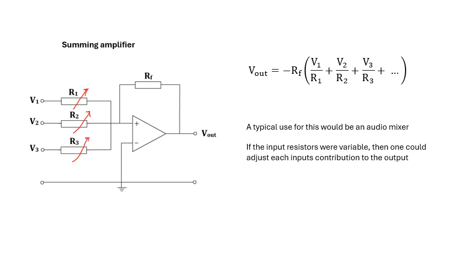So this could be an audio mixer. You could have the first guitar, a second guitar, the vocals, and you twiddle the knobs and change how much they contribute to V out. The fact that it's inverting doesn't matter for an audio signal. You wouldn't be able to tell if it was inverted or not. Okay, so that's a summing amplifier, and you're given the equation if you need it.